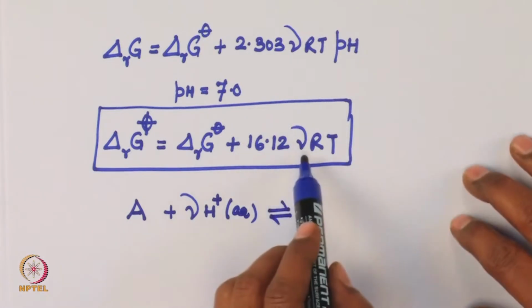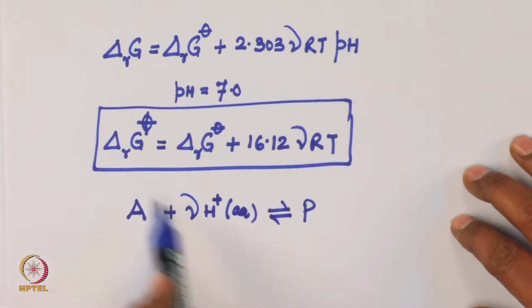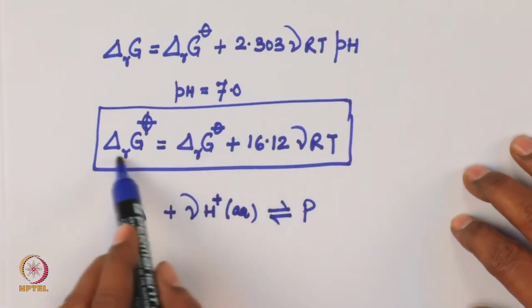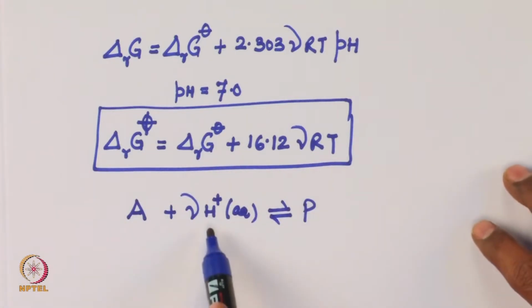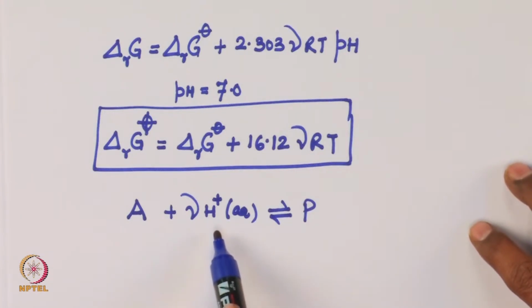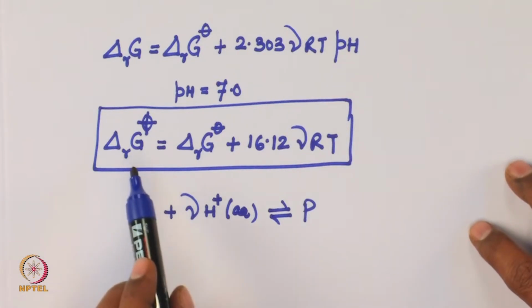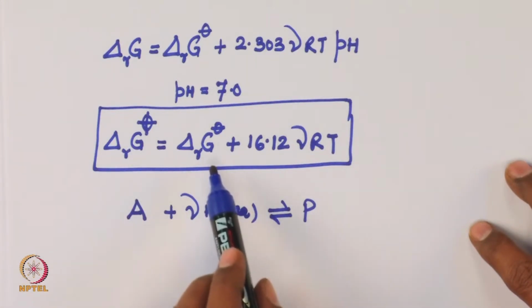So, obviously, when nu is equal to 0, when there is no proton released or absorbed, then both these standard state reaction Gibbs functions will be equal. And if there is a proton absorbed or released, then the biological standard reaction Gibbs energy will be different than the normal thermodynamic standard reaction Gibbs energy.